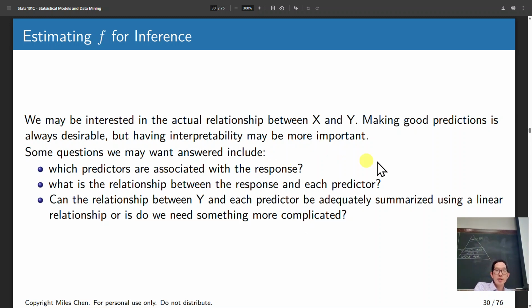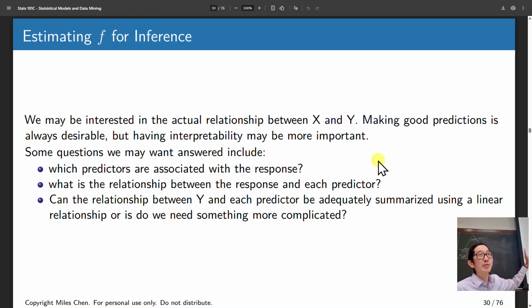All right. As far as inference goes, the other motivation for figuring out our function f is inference. Inference is trying to understand the relationship. You all took 101A, the regression course, right? That's a requirement for this. At the end of linear regression, you have these coefficients, right?